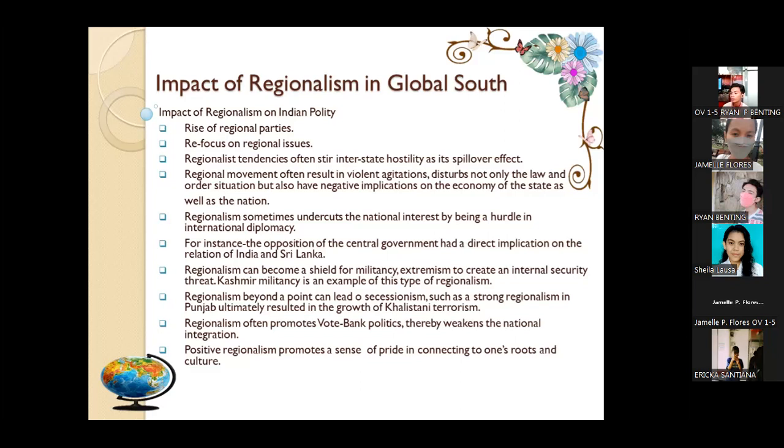Regionalism often promotes vote bank politics, thereby weakening national integration. And lastly, positive regionalism promotes a sense of pride in connecting to one's root and culture. And that's all for Global South and impacts of regionalism in Global South. Thank you.